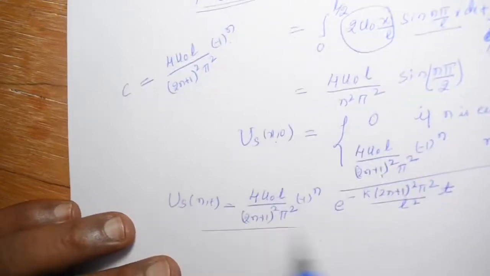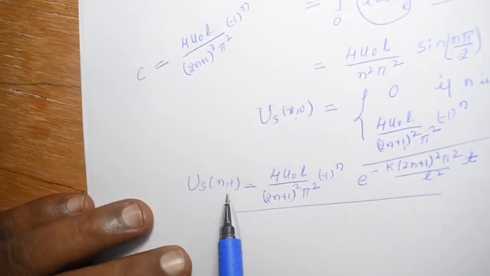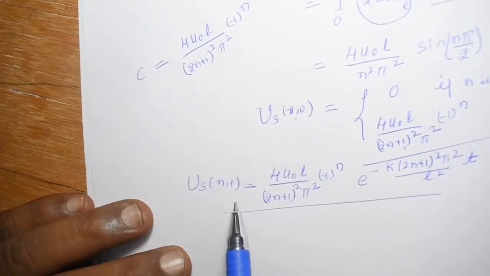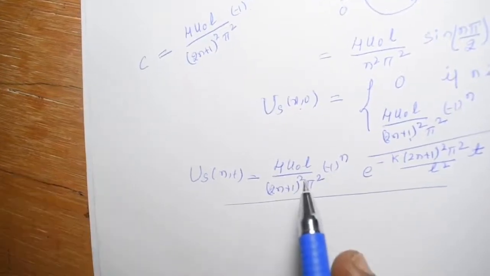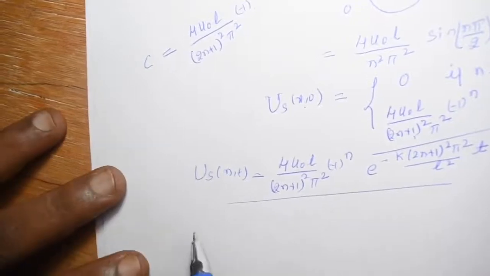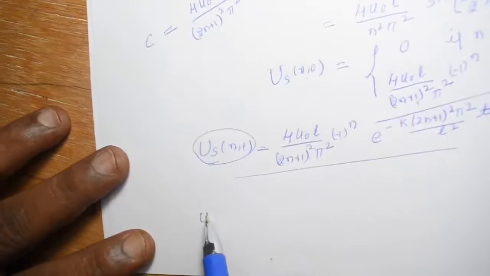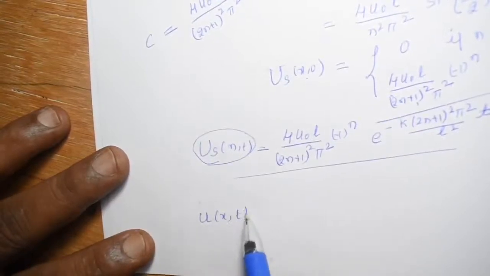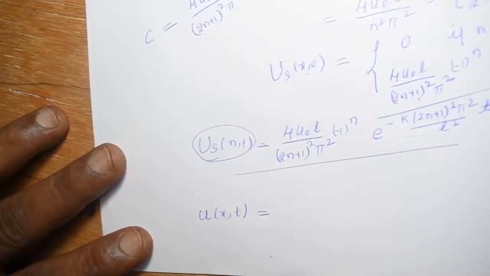Now this is the solution, but you have to apply inverse transformation to get the solution for the original equation. By applying inverse transformation on both sides of this equation, by applying inverse transformation to this term, that simply will become u of x comma t. Is it right? u of x comma t.